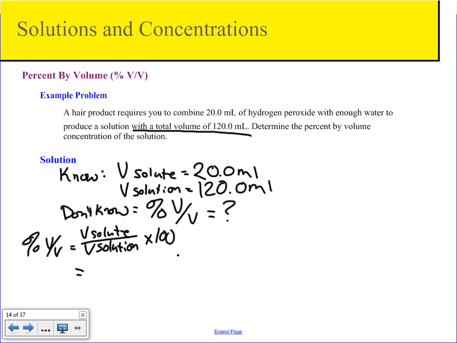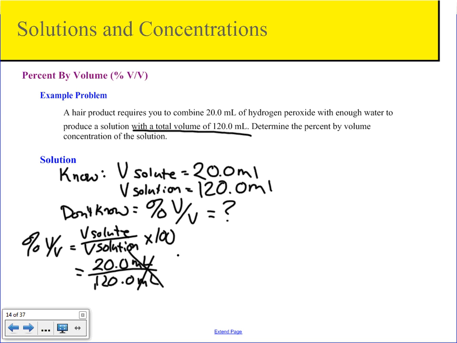So this goes 20.0 milliliters divided by 120 milliliters. Okay, my units cancel out.